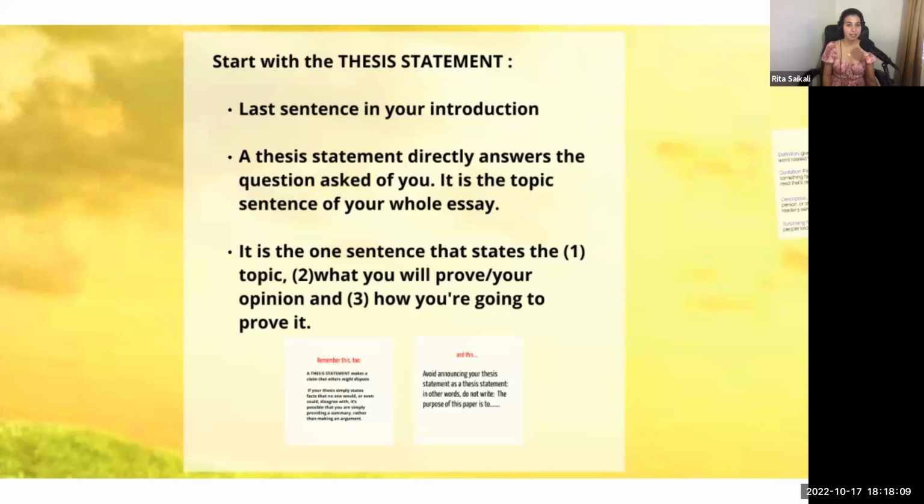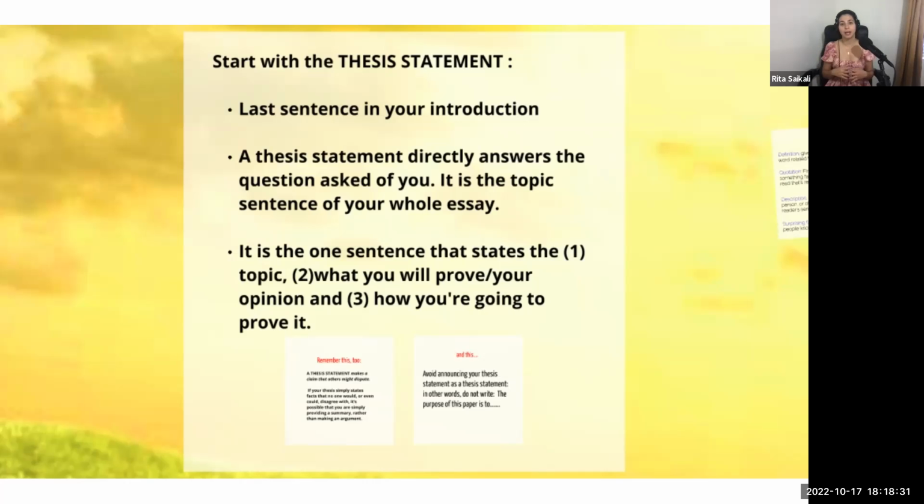So what is the thesis statement? The thesis statement is typically the last sentence in your introduction. It is the last thing people are going to read in your paragraph, and it starts off the next 3 body paragraphs.